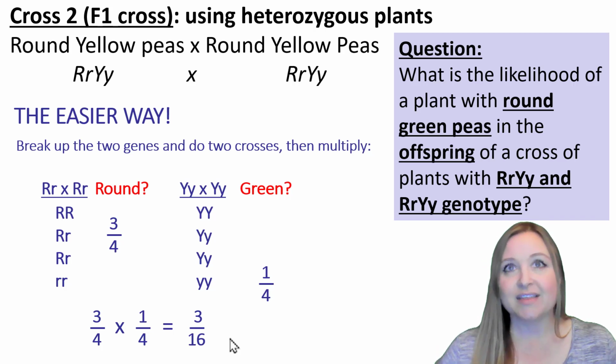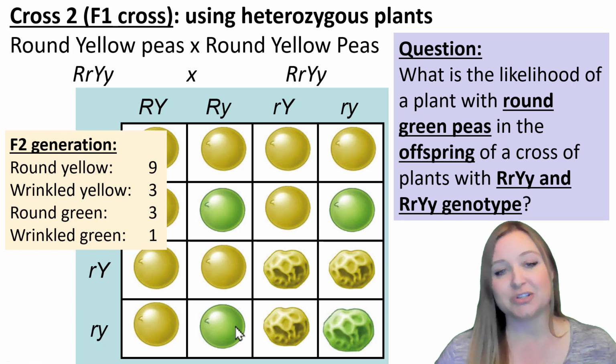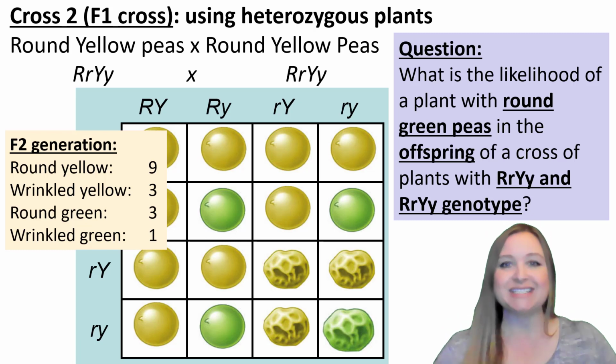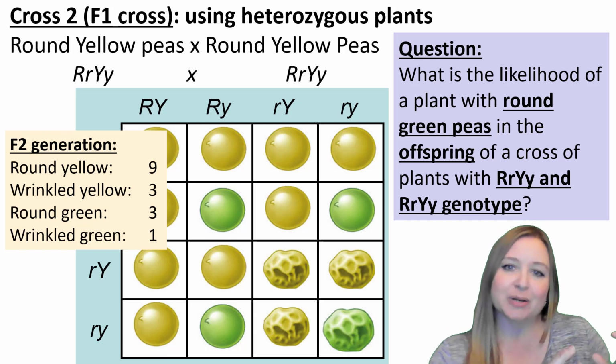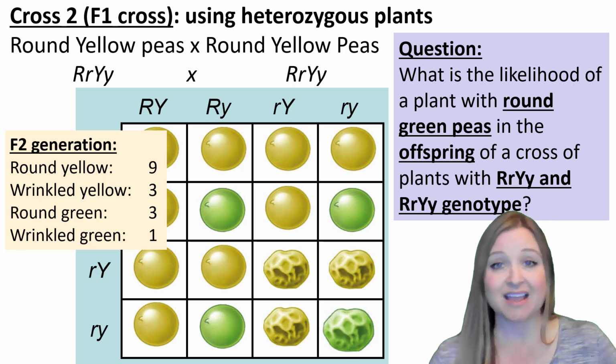Now, if you remember, that's exactly what we got when we did the Punnett square, right? 1, 2, 3 out of 16 have round green peas. So you can do out the Punnett square, which you've seen can be a little complicated, or you can just separate the genes and do smaller Punnett squares for each gene and then just multiply the probabilities together.